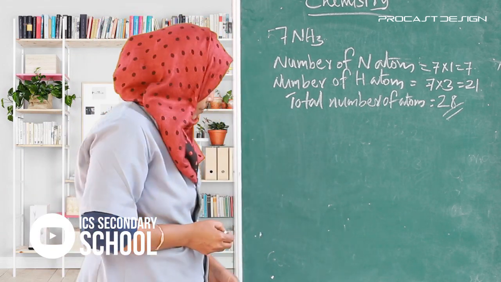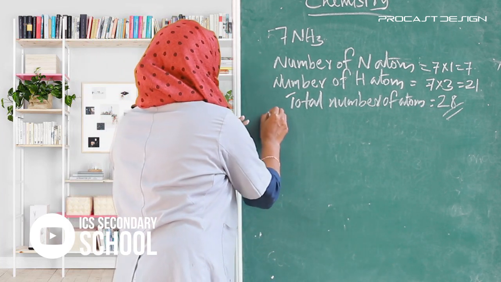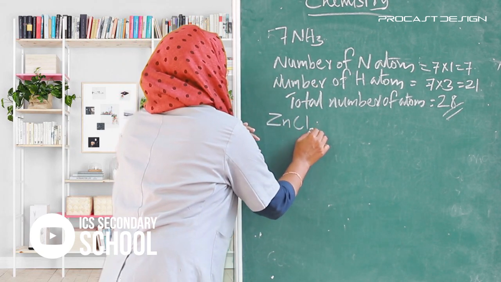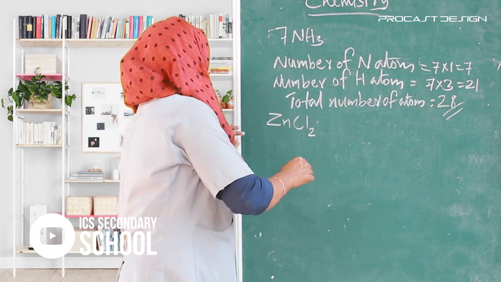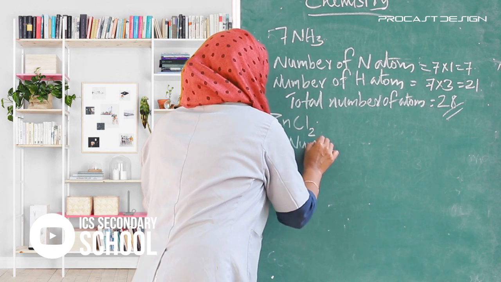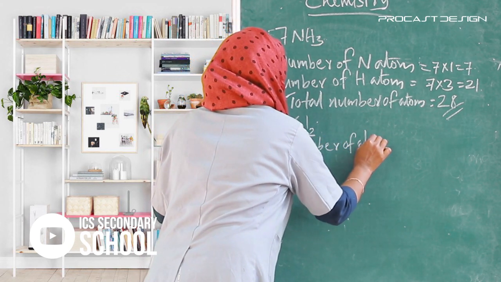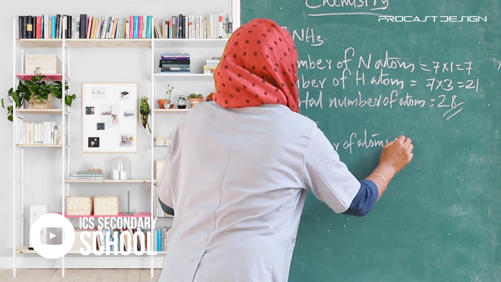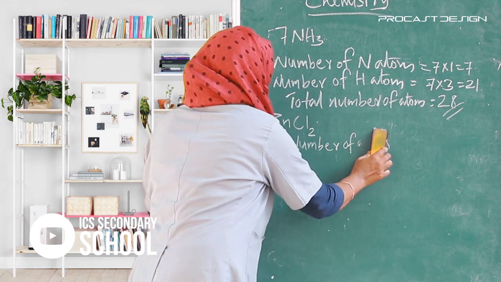Next is ZnCl2, zinc chloride. First find out the number of zinc atoms.